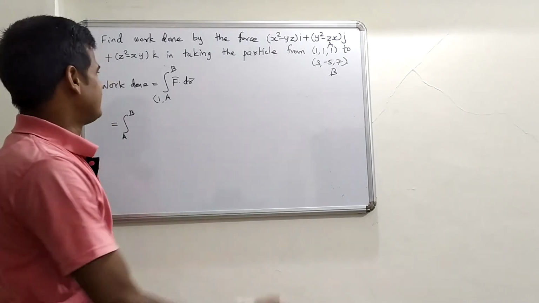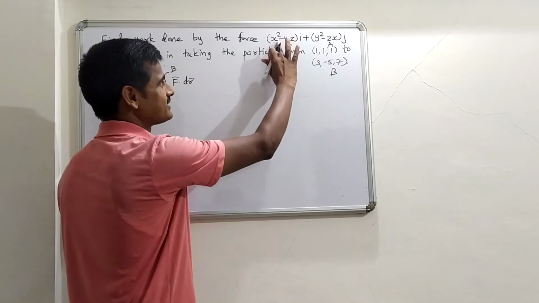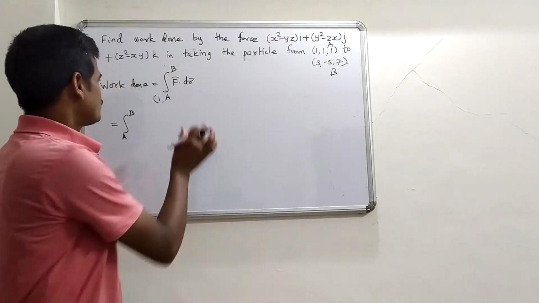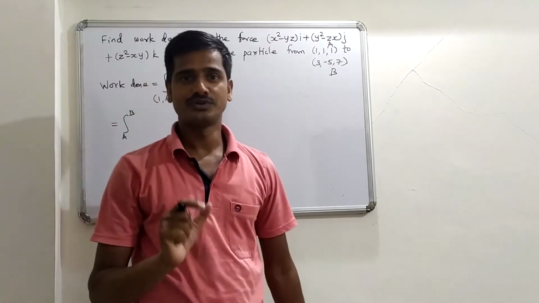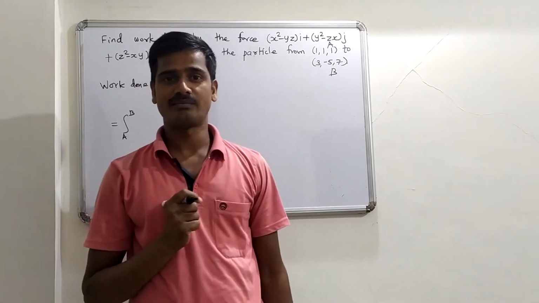Now what is F bar? F bar dot dr bar is F1 dx + F2 dy + F3 dz, where F1 is the first component of F bar.